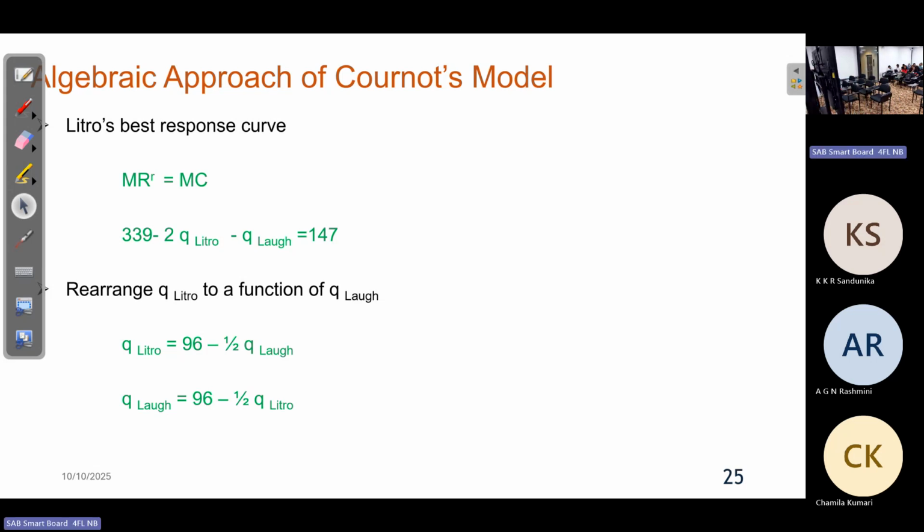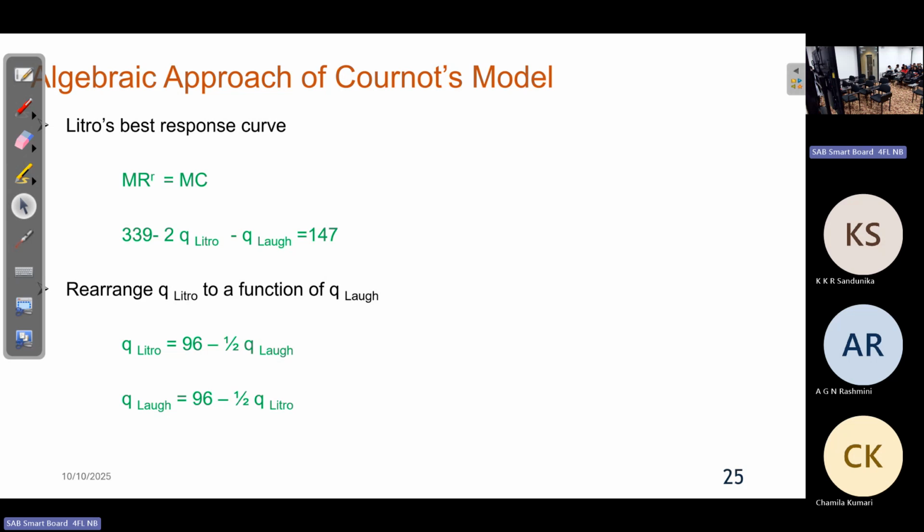We say, at equilibrium, Q1 equals 96 minus half Q2, and Q2 equals 96 minus half Q1. At the equilibrium, Q1 and Q2 should be equal, right?